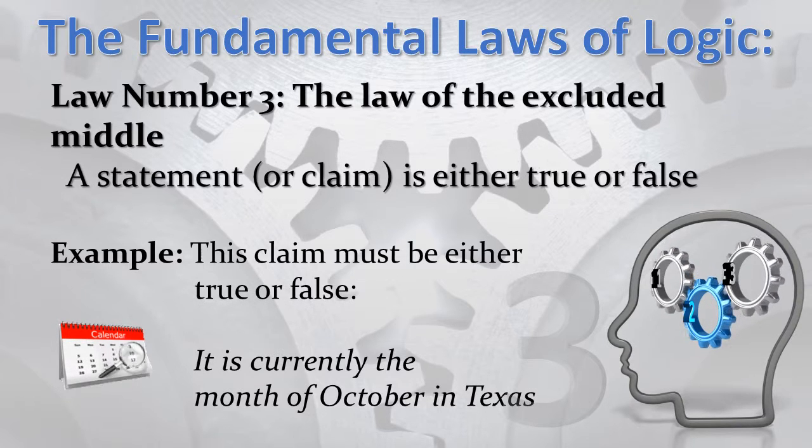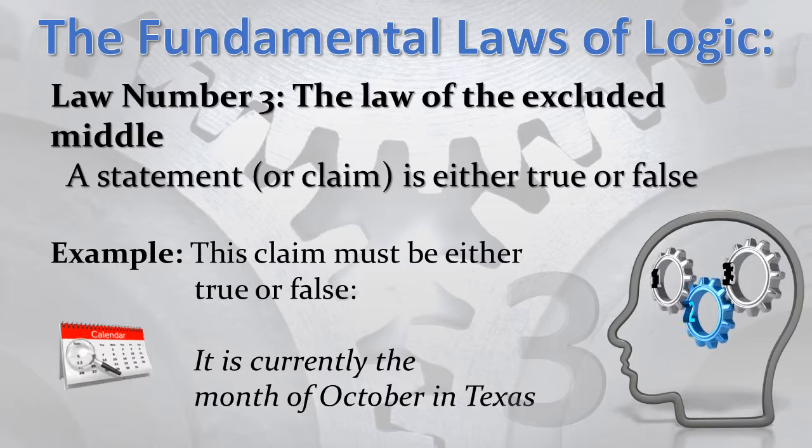If I said, it is currently the month of October in Texas, because of the law of identity, we can know what the month of October is. And we can know by checking the date if this statement is true or not true.